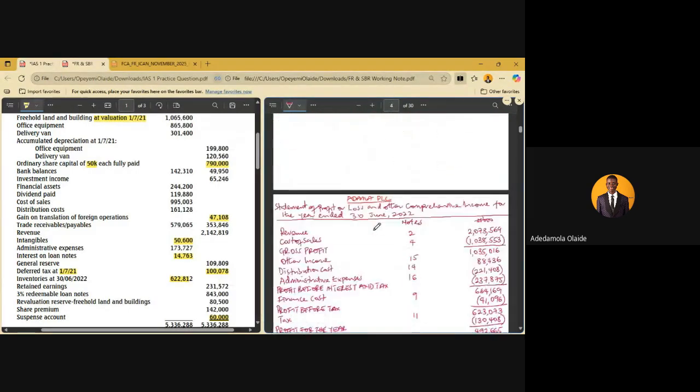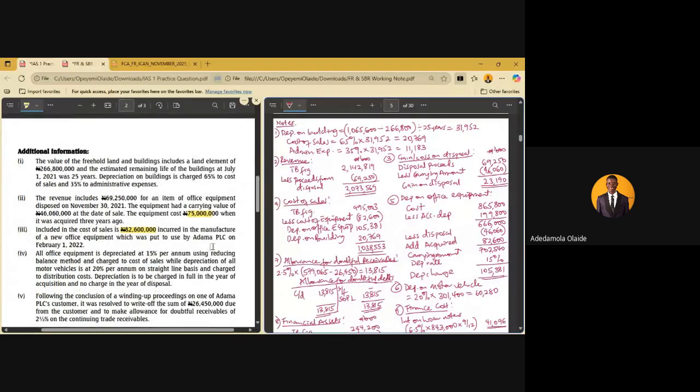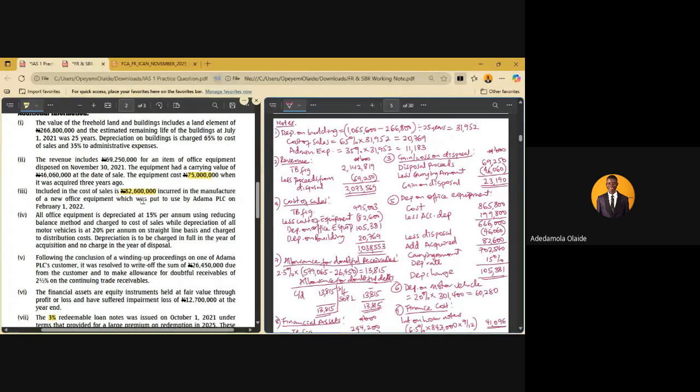But those in the additional information haven't been treated, so we'll be using them twice, because we need to treat the double entry for it.